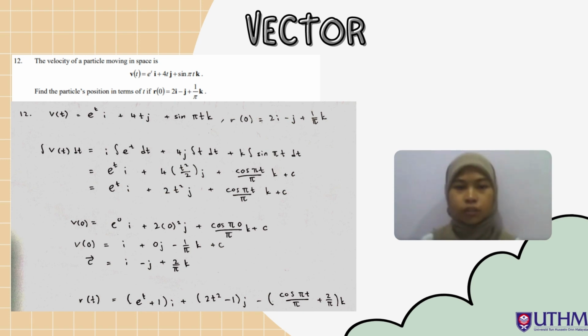And then lastly, we can find r(t) is equal to e to the power of t plus 1 i, and then just copy it, and then here t squared j minus 1j, and then minus cos pi t over pi plus 2 over pi k.